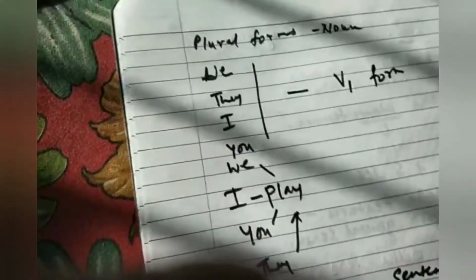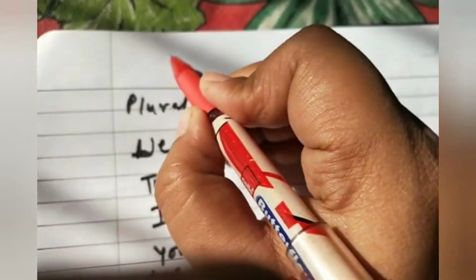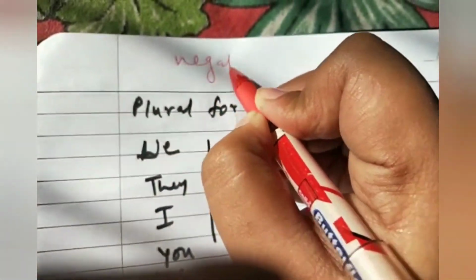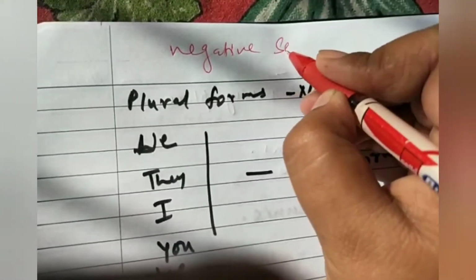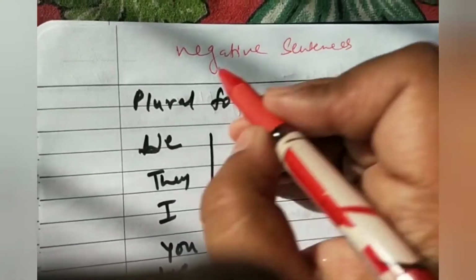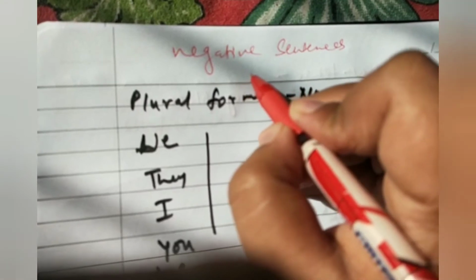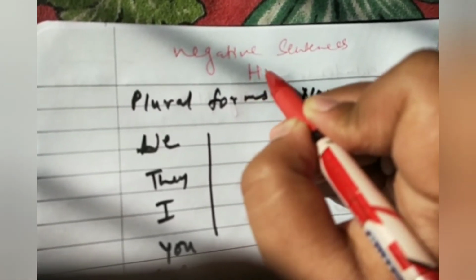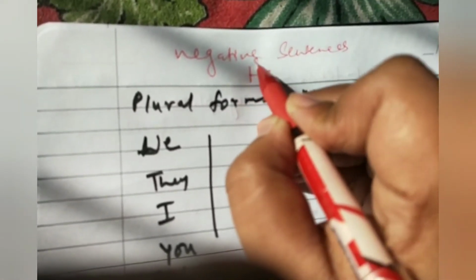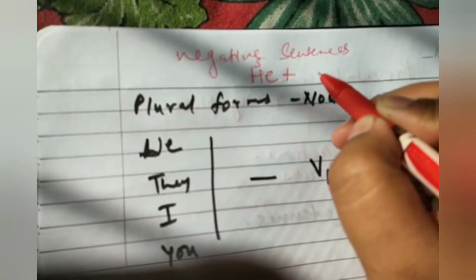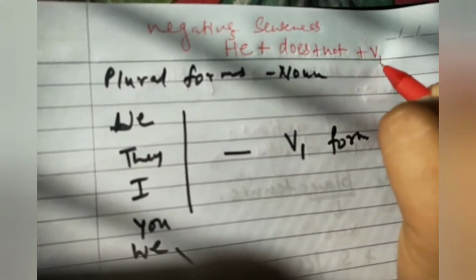Now, when we have to make negative sentences, what will we do? We'll add the subject plus do or does accordingly, plus not, and we'll add the V1 form of the verb.